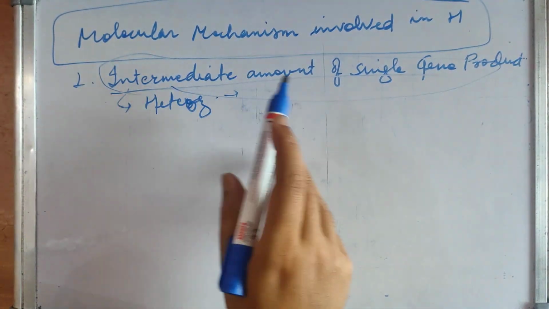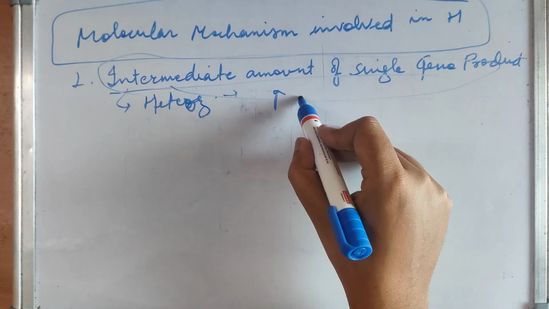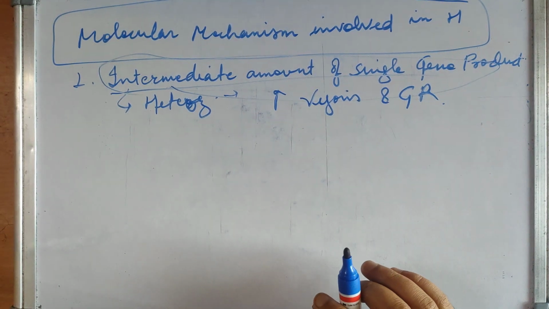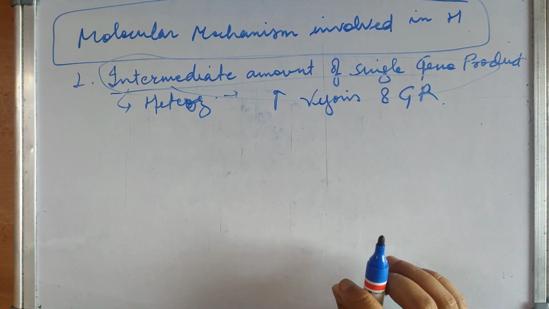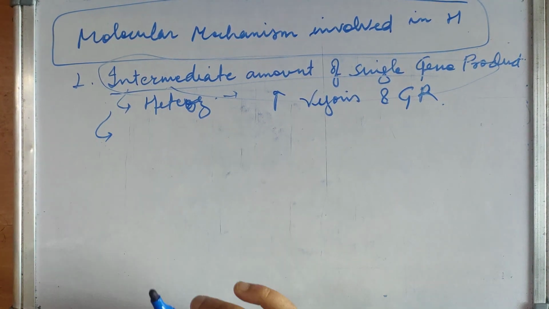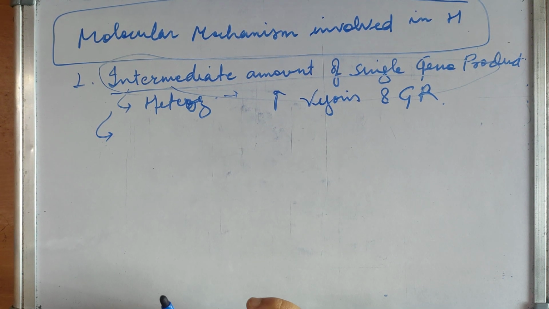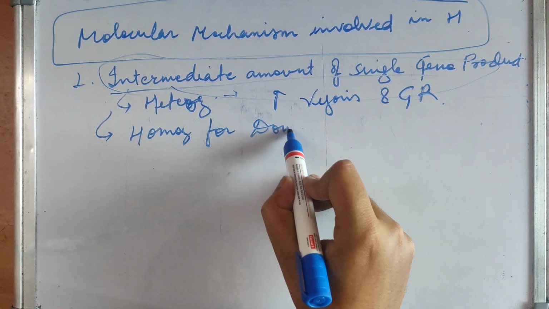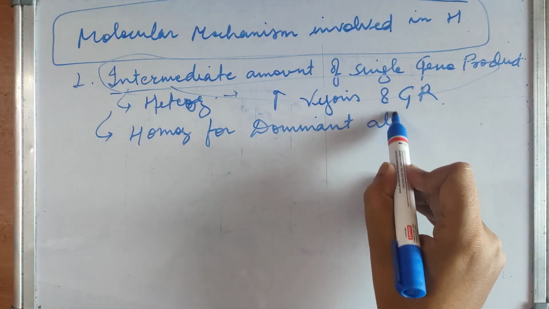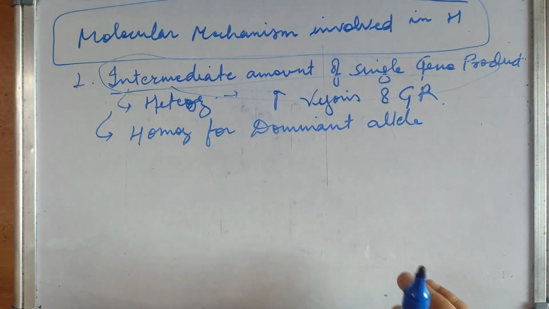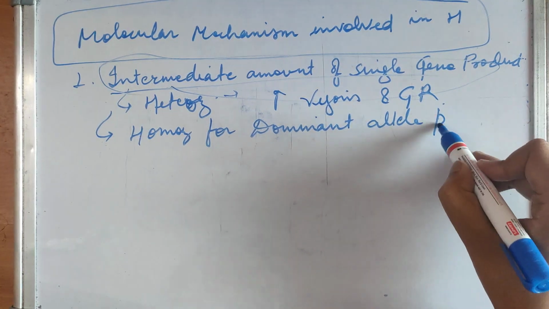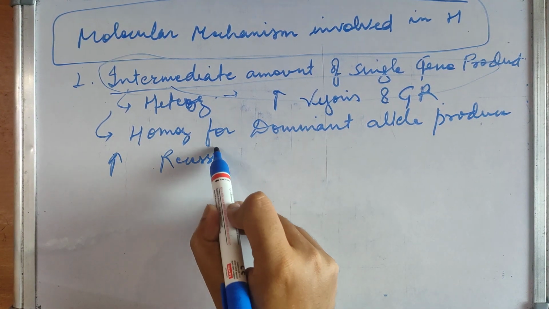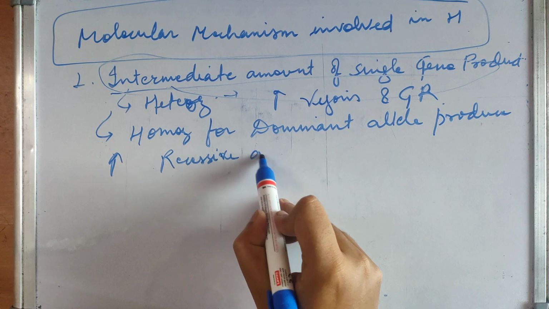Such a situation would be encountered when the homozygote for the dominant allele produces more than that of the recessive allele.